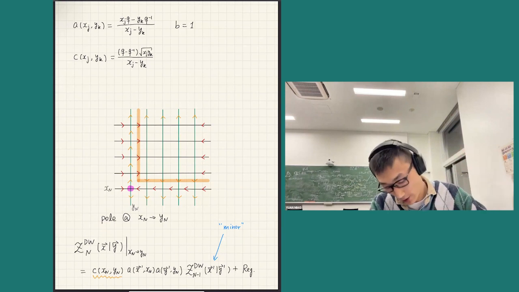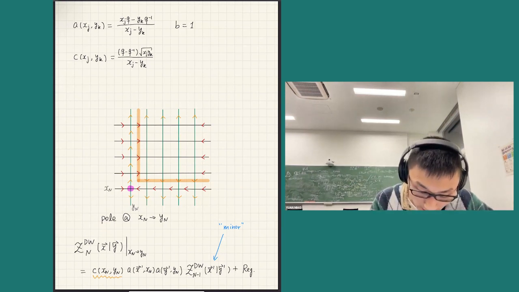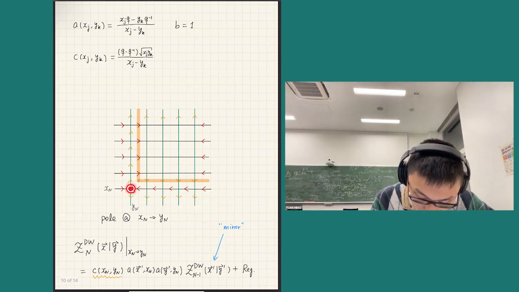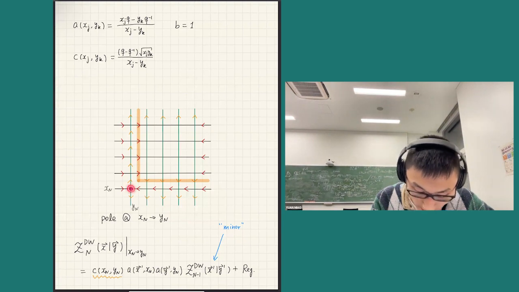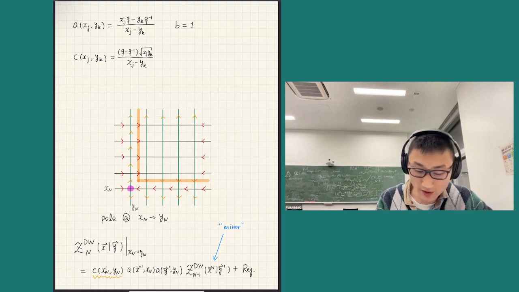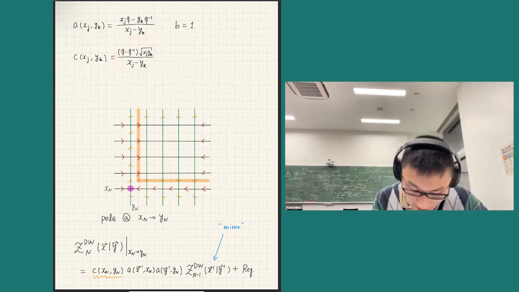You can try by yourself, but you can more or less convince yourself that there are only poles if we choose a C vertex at this point. Because at this corner it can be either a C or B vertex. If it's a B vertex, there's no pole. The only pole comes from the C vertex here.